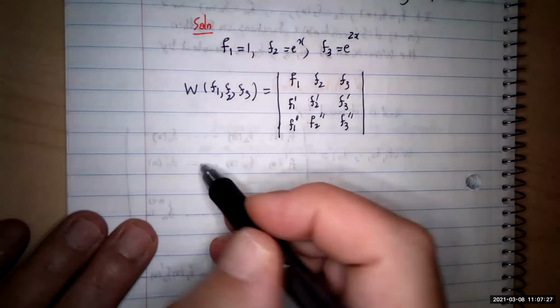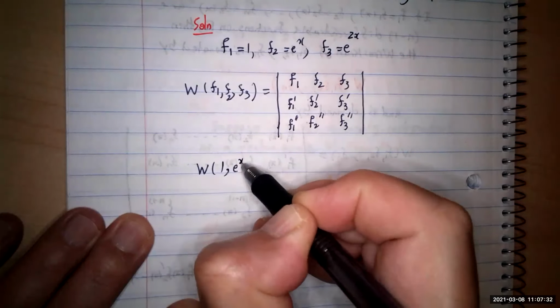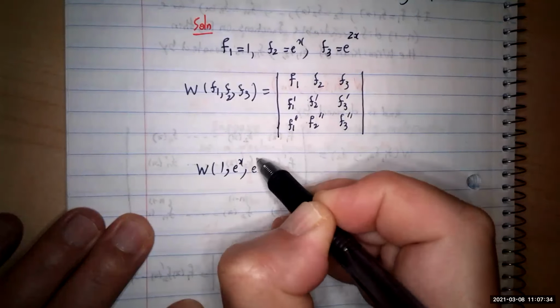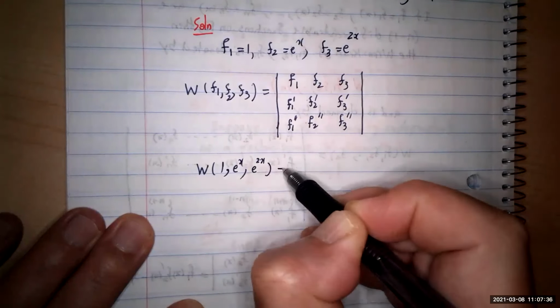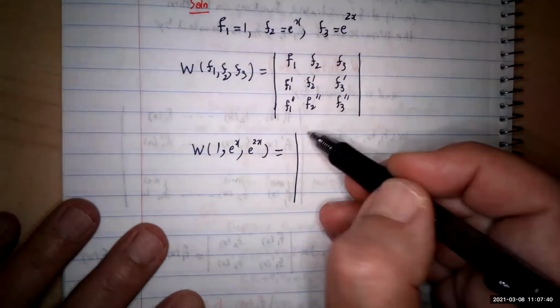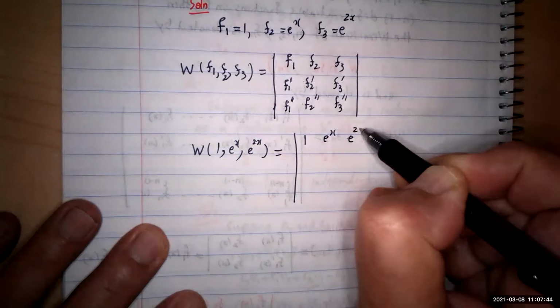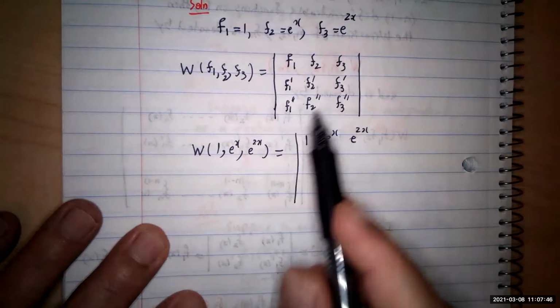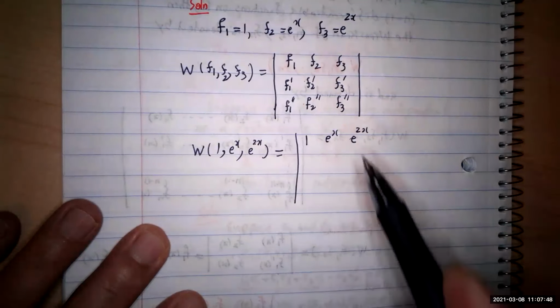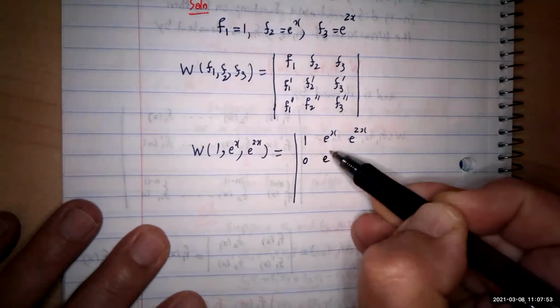Now substitute your functions. The first one is 1, e to the x, and e to the 2x. So the first row is the functions 1, e to the x, e to the 2x. The second row is the derivatives. The derivative of 1 is 0. The derivative of e to the x is just e to the x.